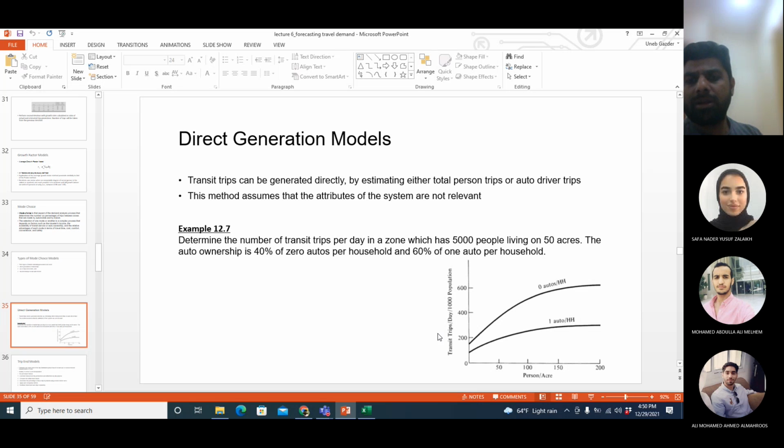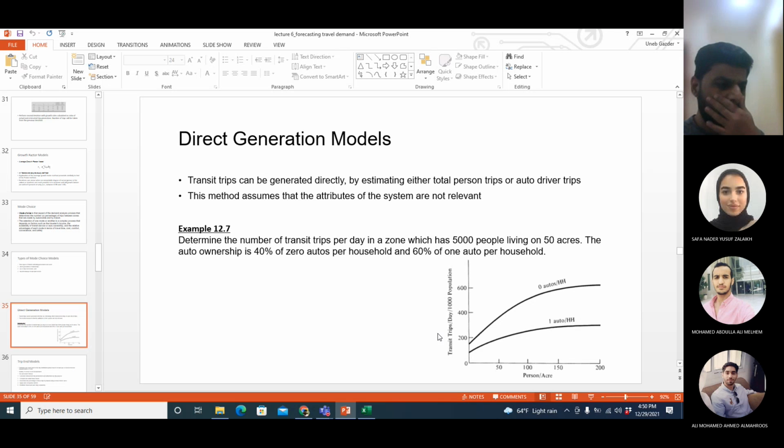In this method, we assume that the attributes or the characteristics of the public transport system are not important for the decision of the travelers. Travelers are not adopting car or public transport because of the features of the public transport.